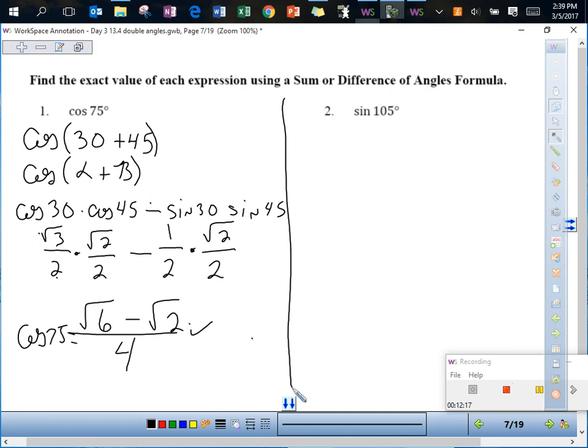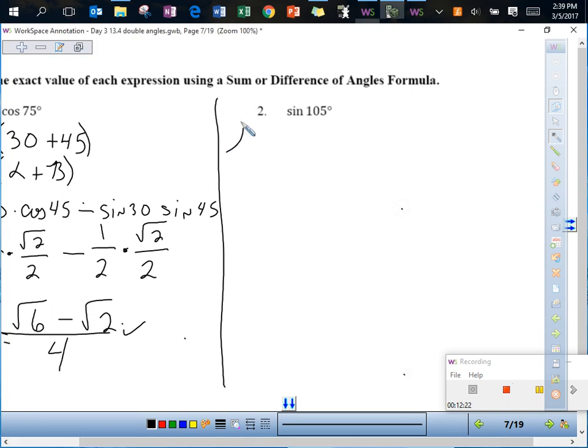Okay. So guys, here goes sine of 105. You need to think of this as sine of, I don't care if you use addition, subtraction, but all you can use is the multiples of 30 and the multiples of 45. There's a lot of different ways to do this. The one that came to my mind real fast is sine of 60 plus 45. If you saw something different, then roll with that.